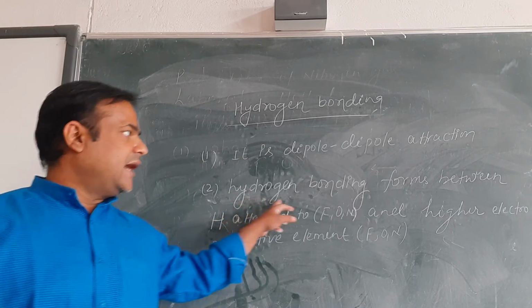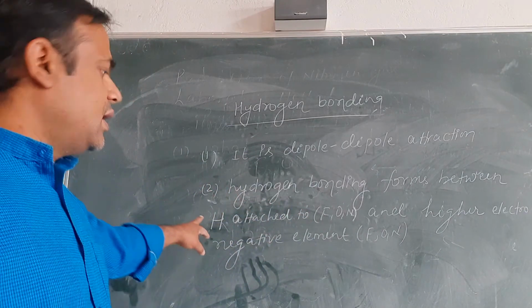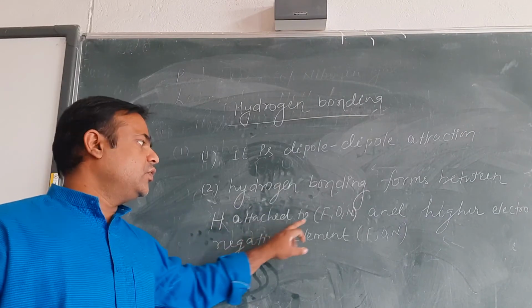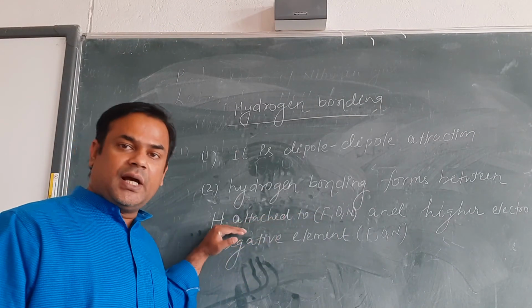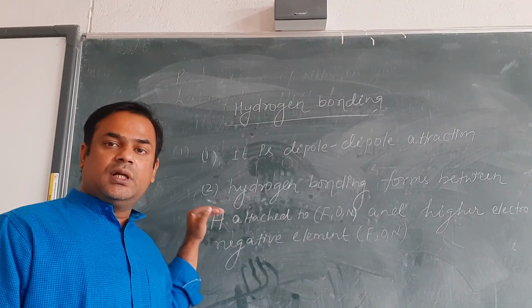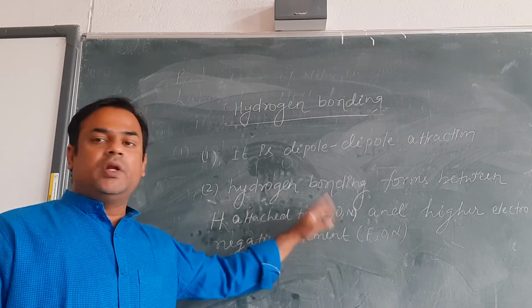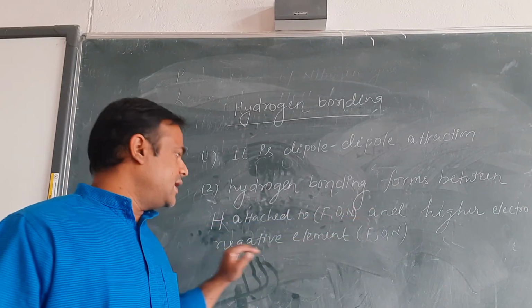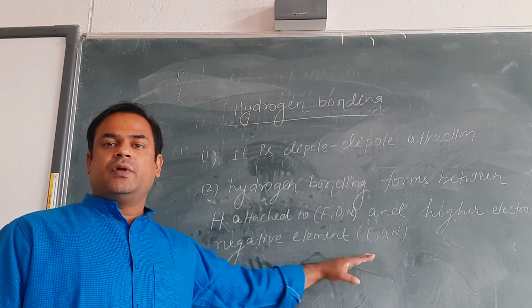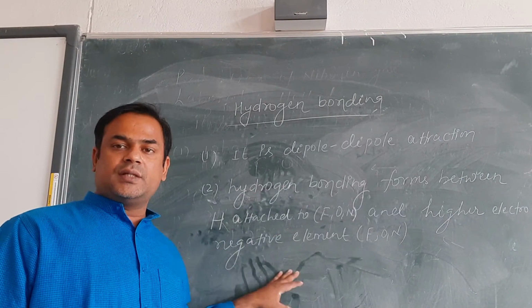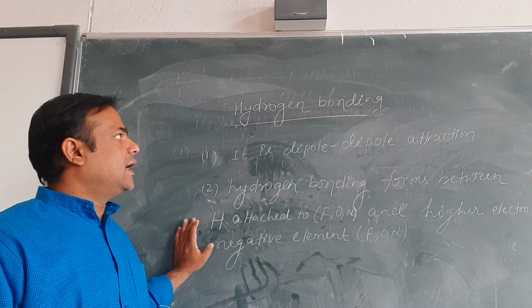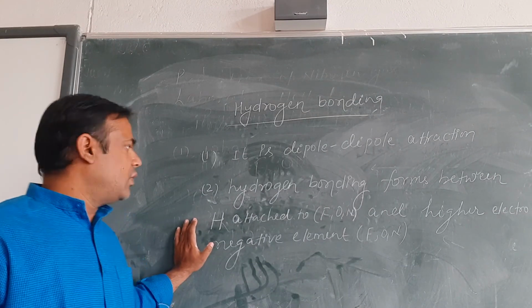Hydrogen bonding forms between hydrogen bonded to FON. Which hydrogen? The hydrogen which is bonded to fluorine, oxygen or nitrogen, and a highly electronegative element like fluorine, oxygen or nitrogen. In that case, whatever bond forms is called hydrogen bonding.